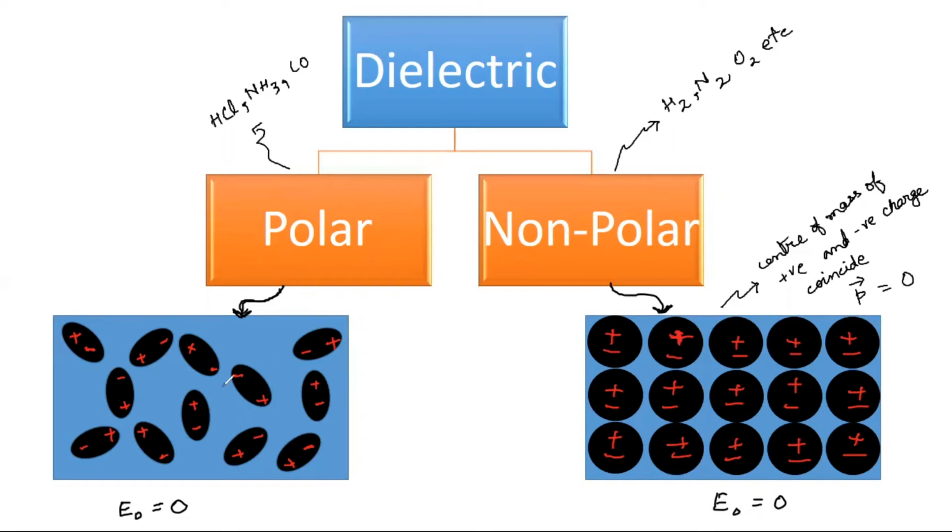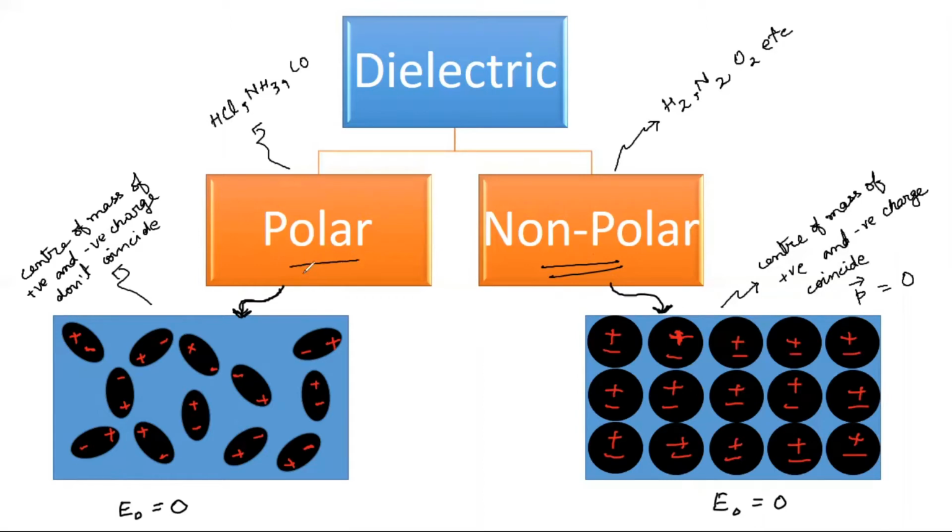Okay, but on the other side, if you observe polar dielectric substance, we see that here the center of mass of positive and negative charge don't coincide, right? So this is how we define a polar dielectric substance and a non-polar dielectric substance. In case of non-polar dielectric substance, the center of mass of positive and negative charges coincide.